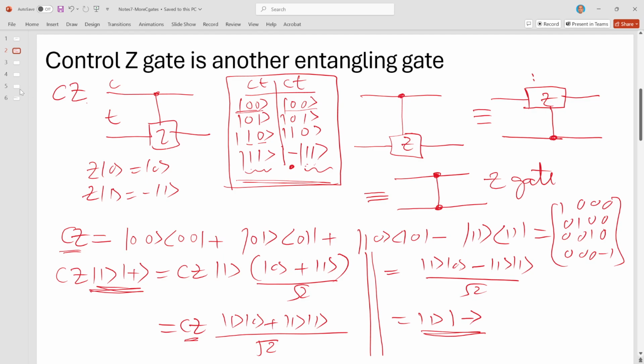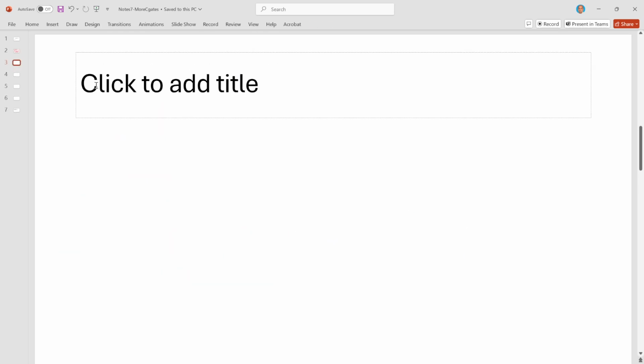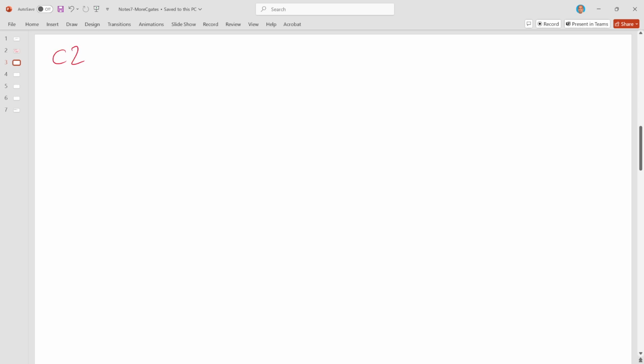Okay, let's take another example. I'll get to swap gate in a little bit. So let's take another example that, let's say the control qubit is in plus state and so this is in one state. So before applying control Z, let me expand the state.